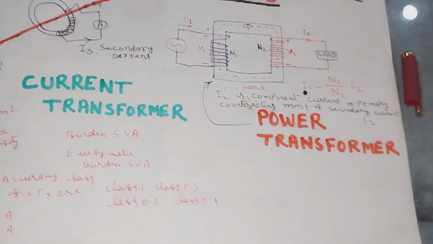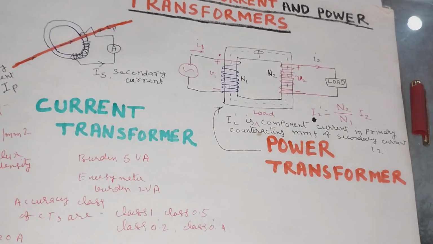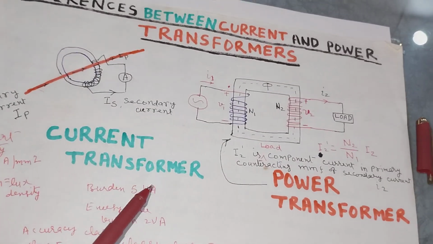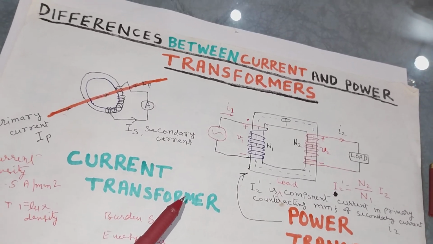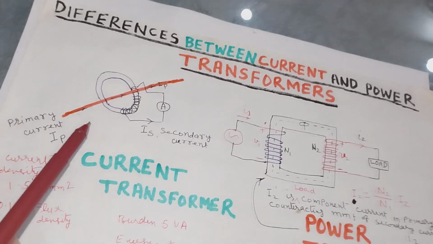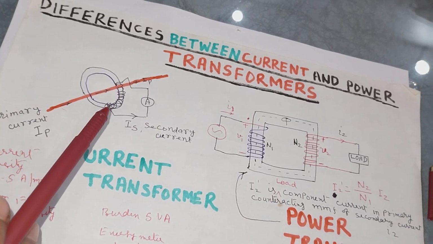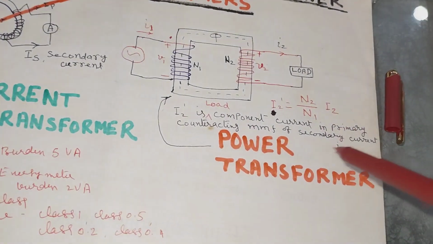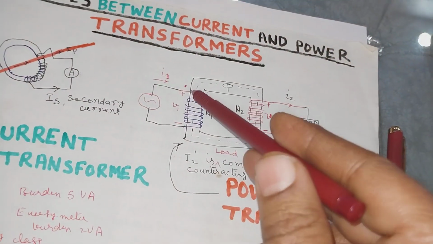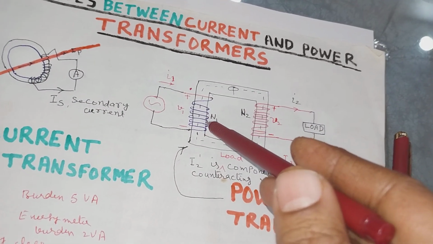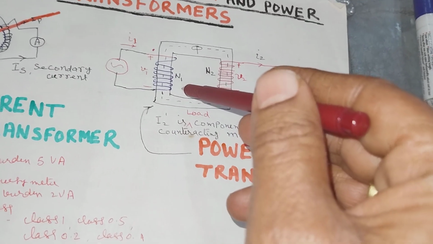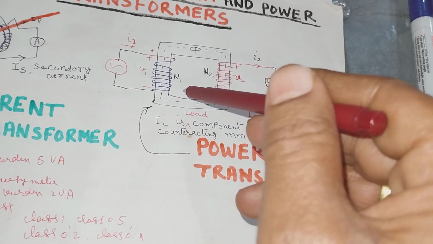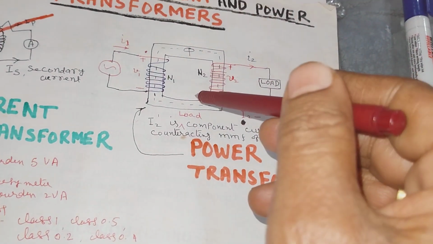So revising once again, CTs are low impedance, high accuracy, low error, single primary turn transformers. Power transformers have many turns in the primary, with little emphasis on accuracy.